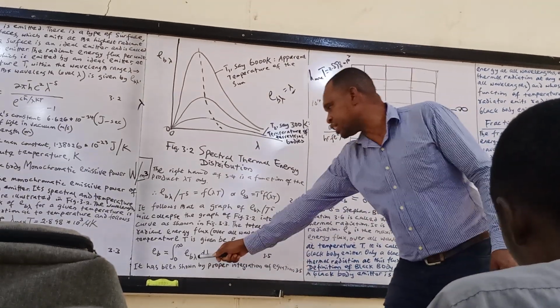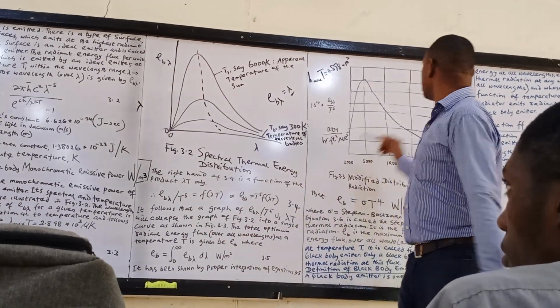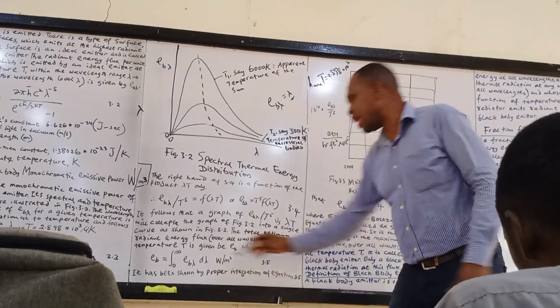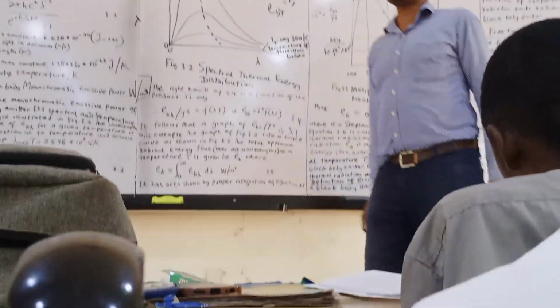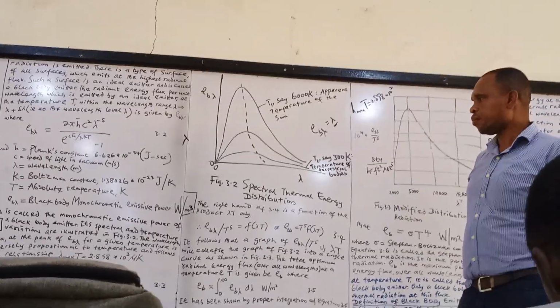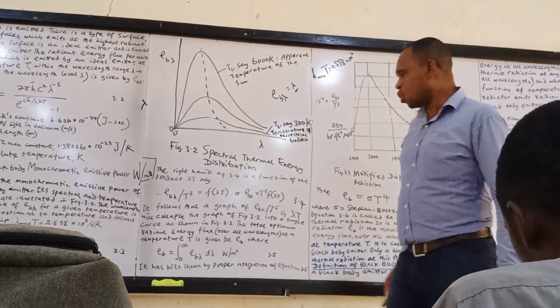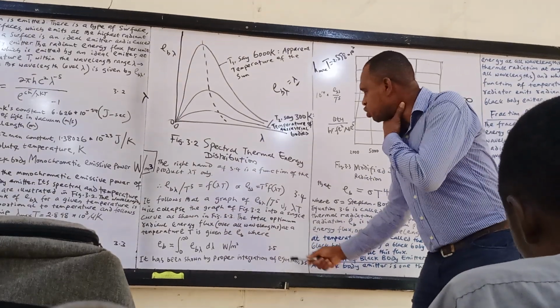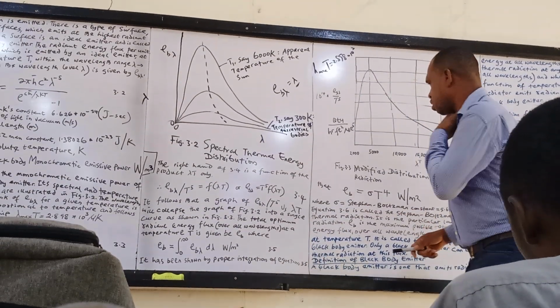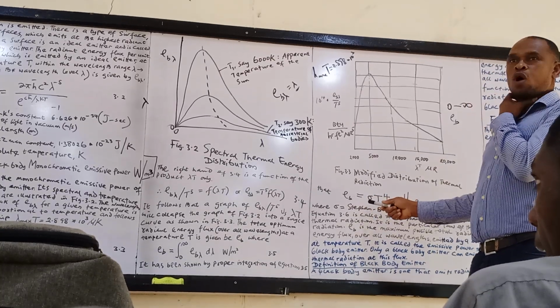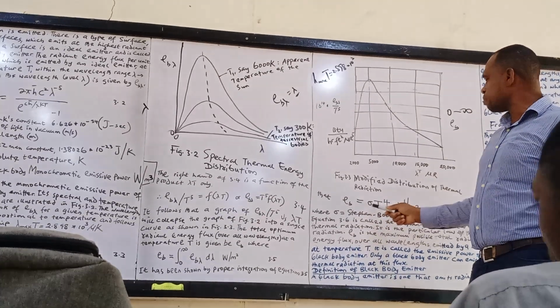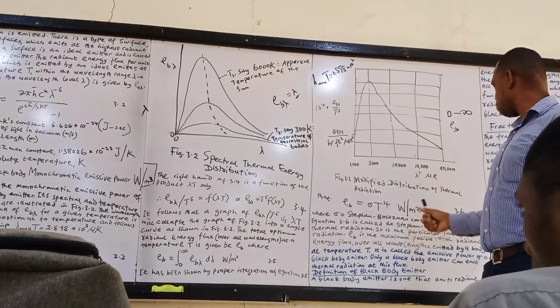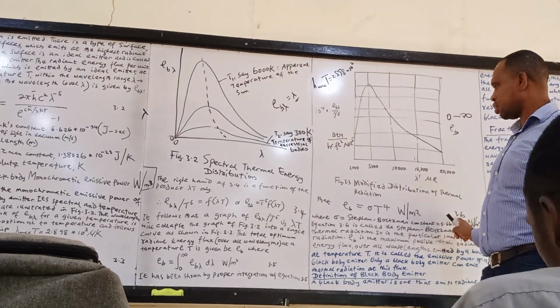If you integrate from 0 to infinity for all wavelengths, you will get E_b. So it has been shown by proper integration of equation 3.5 that E_b is equal to sigma T^4 watt per meter squared, so that's 3.6.